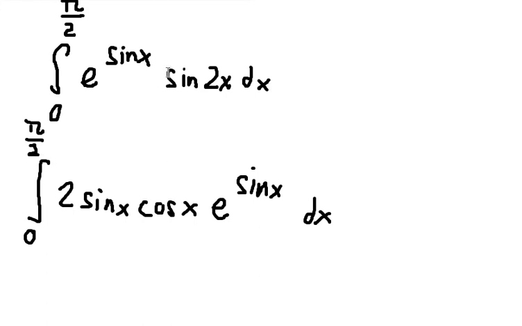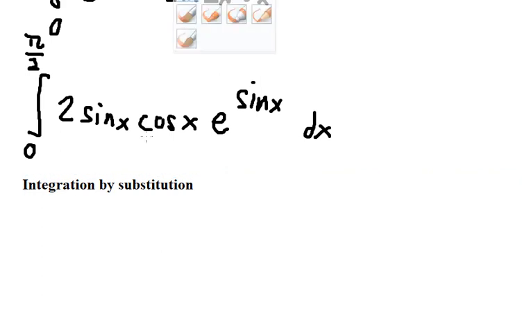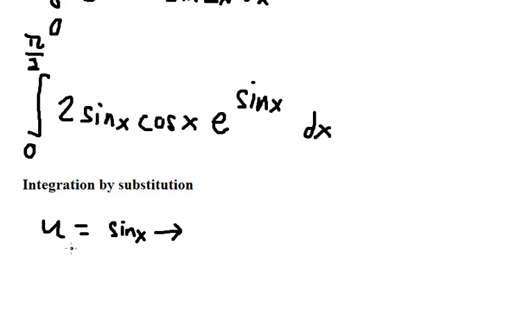So we can use integration by substitution. So I will put u equals sin x. Later we take the first derivative of both sides, and we have du equals cosine x dx.